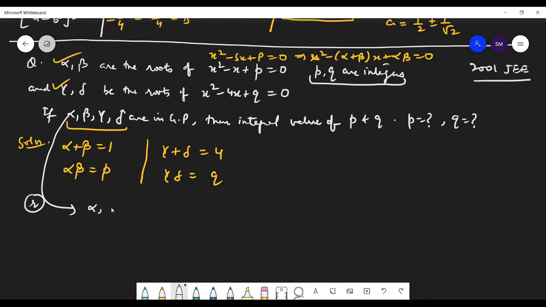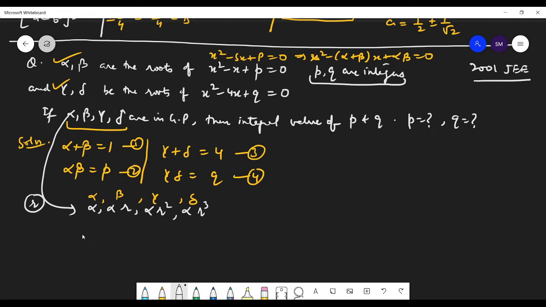Alpha, alpha r, alpha r square, alpha r cube. That's your alpha, beta, gamma and delta. Is it okay, students? This is your equation 1, this is equation 2, equation 3 and equation 4.